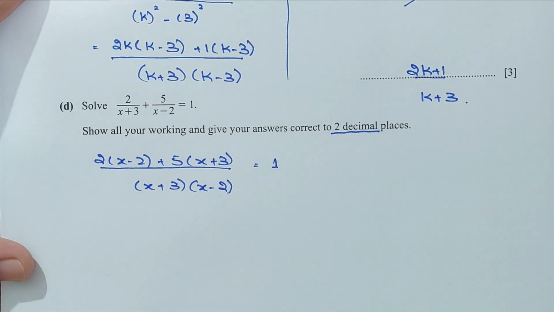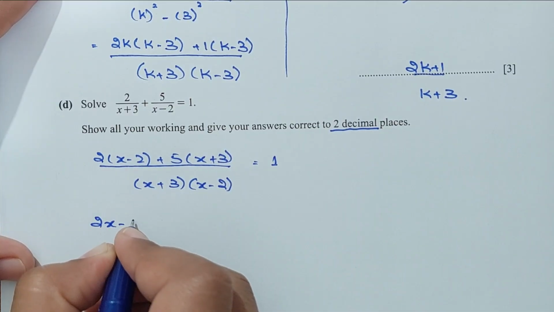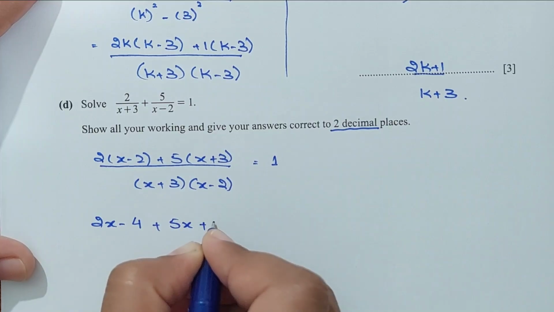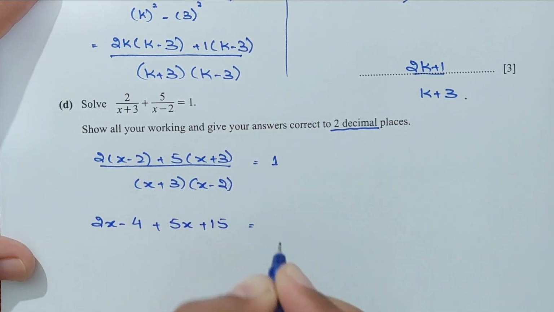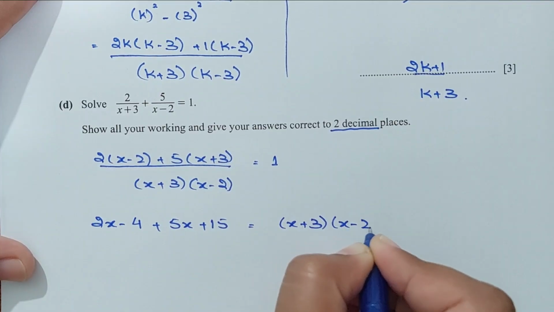So we can do a cross multiplication in the next step. So 2x minus 4 plus 5x plus 15 should equal x plus 3 times x minus 2.